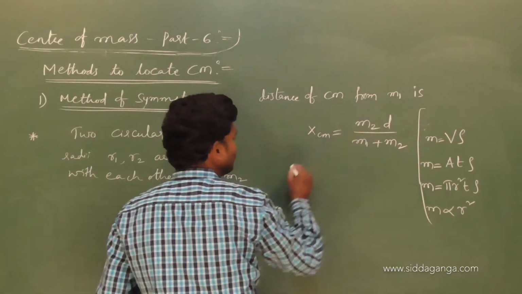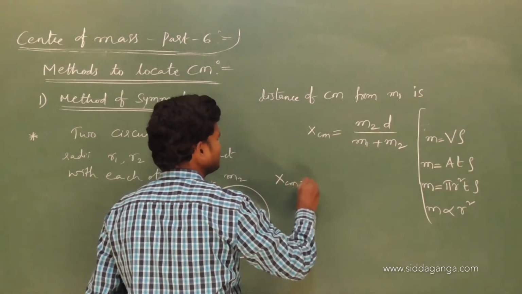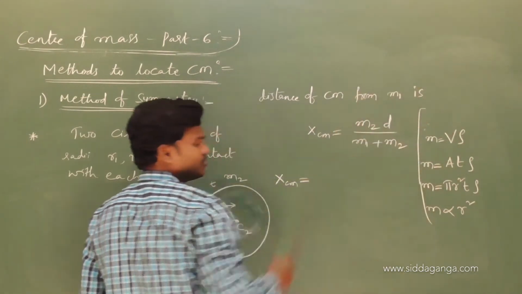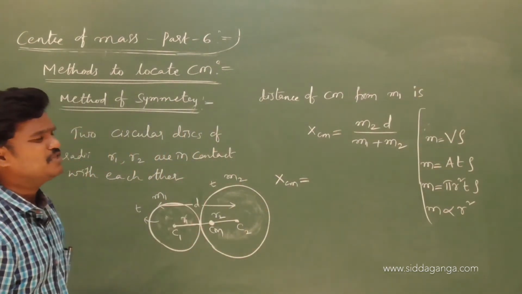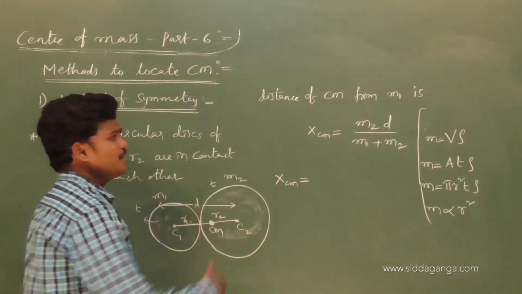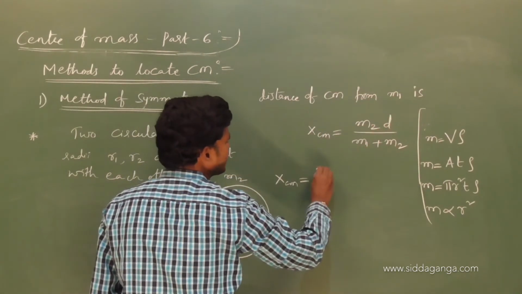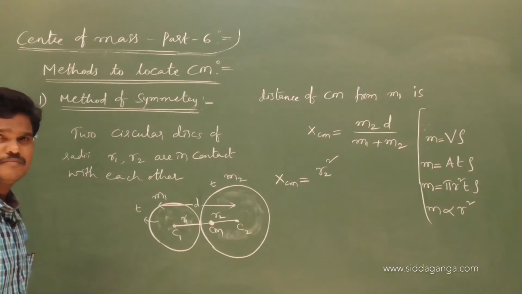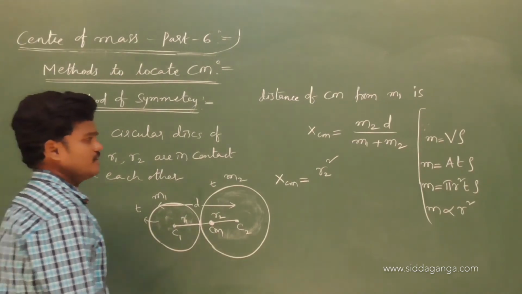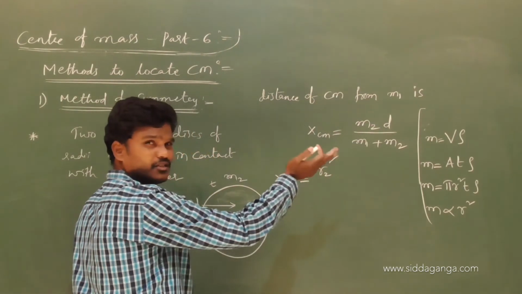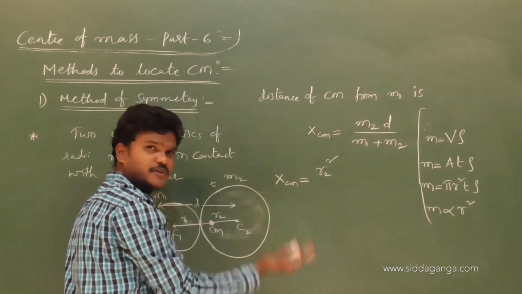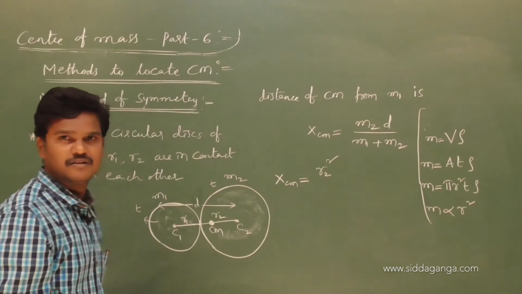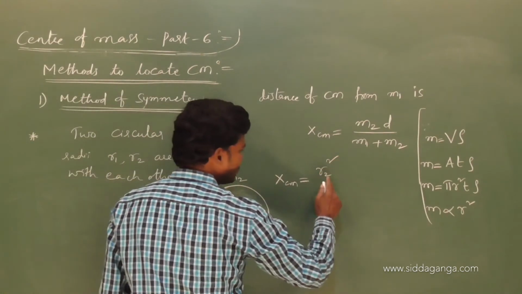Otherwise you can write it as pi r2 t rho, but all the pi, t and rho will cancel out at the end. M2 is proportional to r2 square. The same constants are there in numerator and denominator, and those constants will cancel with each other, so no need to worry about them.